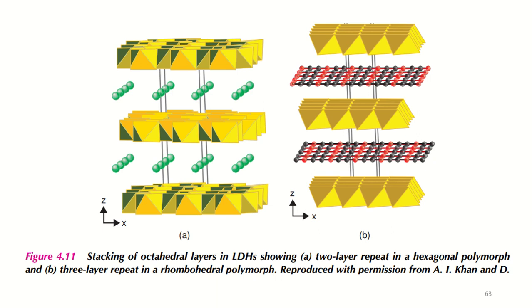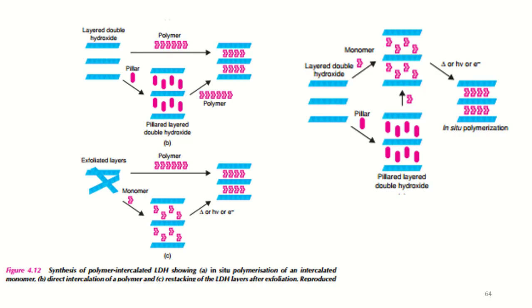Clay minerals are well known for their ability to intercalate organic molecules, and layered double hydroxides behave similarly under appropriate conditions. These examples are shown in this diagram.